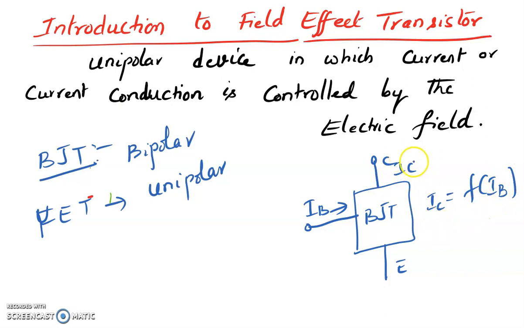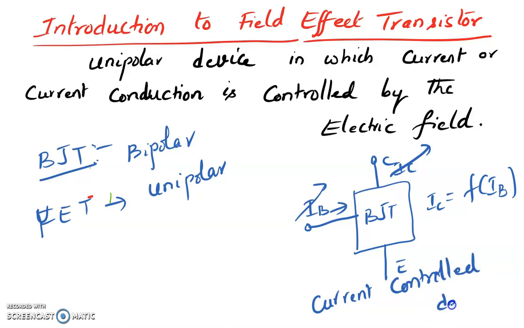That means the collector current is controlled by the base current. So if you vary the base current, the collector current also varies. That's why the BJT is a current controlled device, where its output current is controlled by its input current.